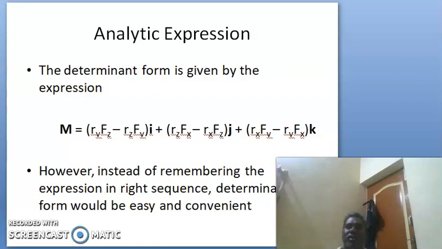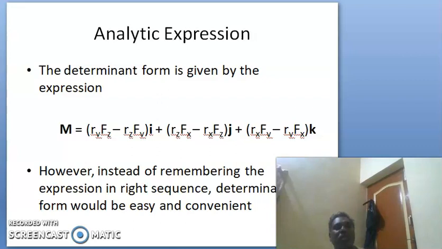Again, to avoid confusion, we have other ways, like taking i into j equal to k, j into k equal to i, and all these types of expressions, and each and everything we can separately, independently calculate and finally come to the same expression. However, that would be time consuming, and hence usage of the determinant form would be very easy.